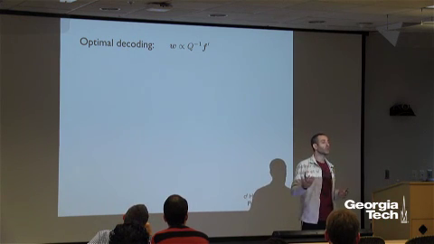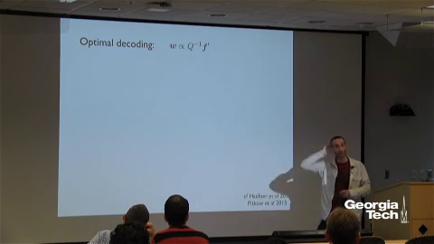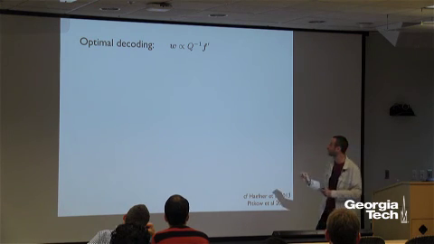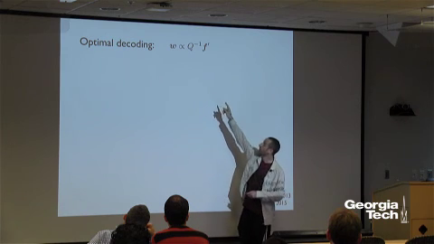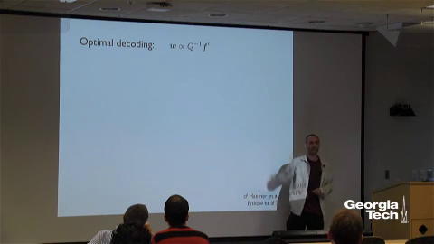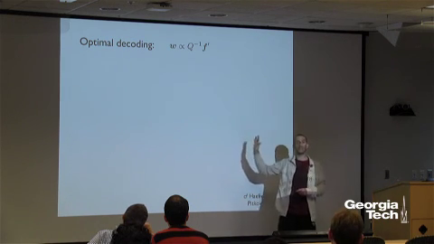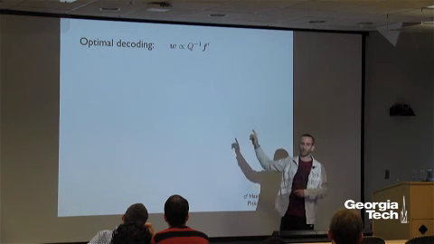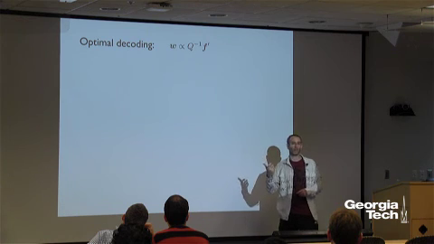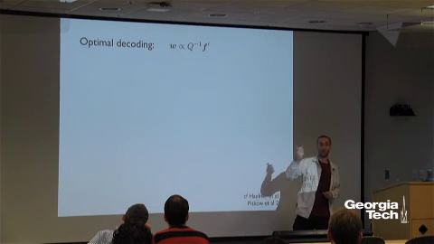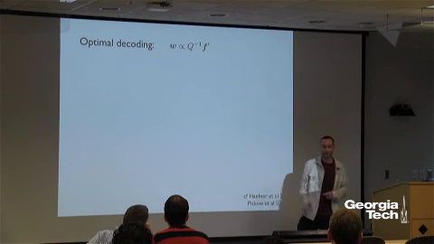What if you do a good job? If you do a good job, a good linear decoder, the best linear decoder, and this gets at your question, is to take the inverse covariance times the sensitivity. This is just linear regression, right? You take the inverse of the correlation in the input, and then you multiply it by the covariance between the stimulus and the response.